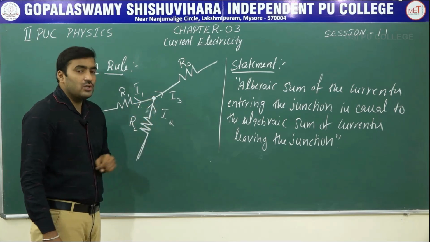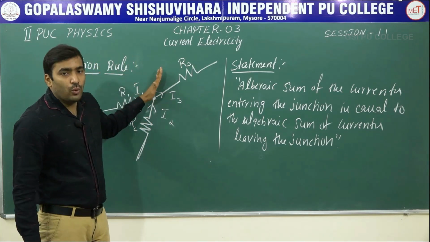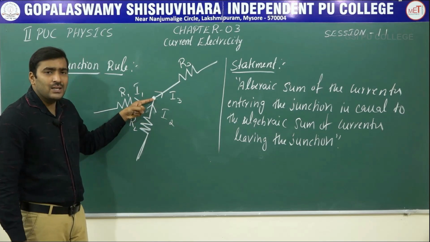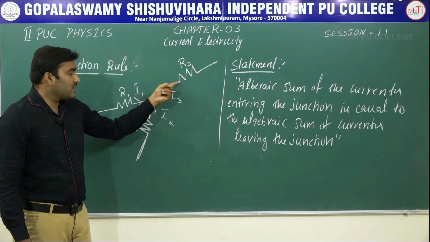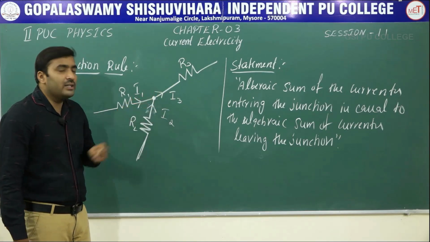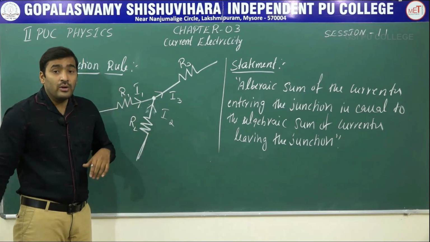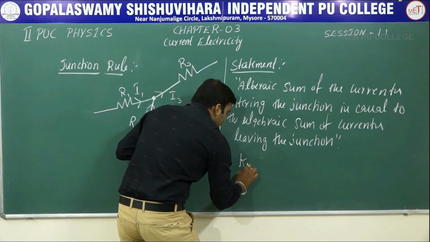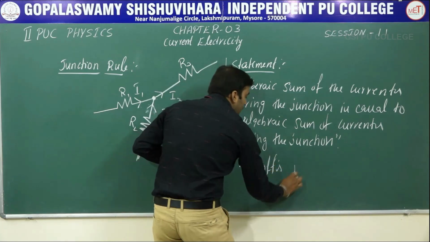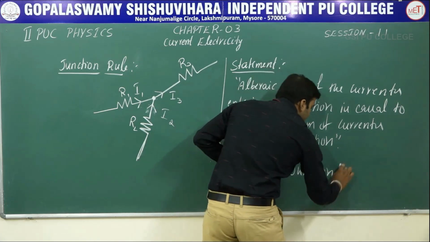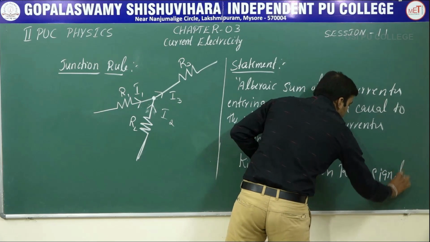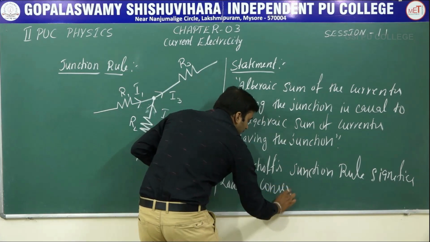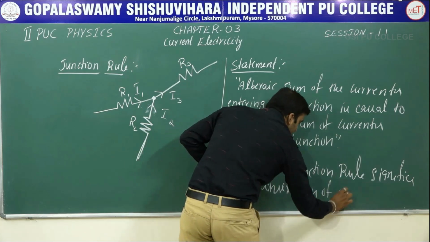If currents are entering the junction, the sum of currents leaving the junction is equal to it, so no charge accumulates here. So Kirchhoff's junction rule signifies the law of conservation of charge.